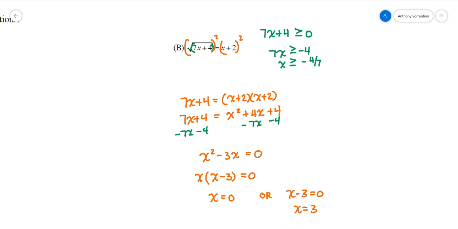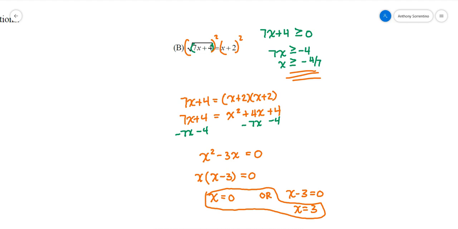So my two solutions are x equals 0 or x equals 3, because both of them fit into this. They're both greater than or equal to negative 4/7. And that works. This makes this all true. If I had a value that was negative and below negative 4/7, I'd have to have thrown it out.